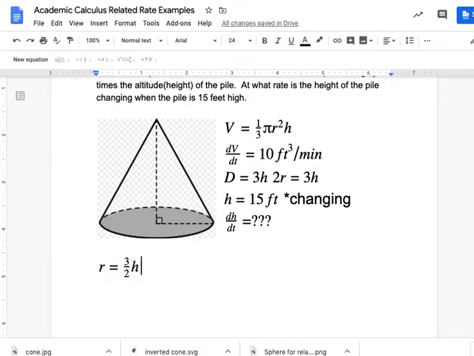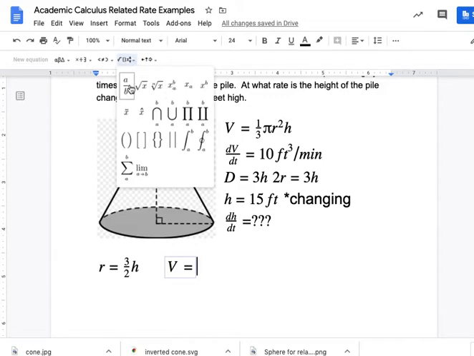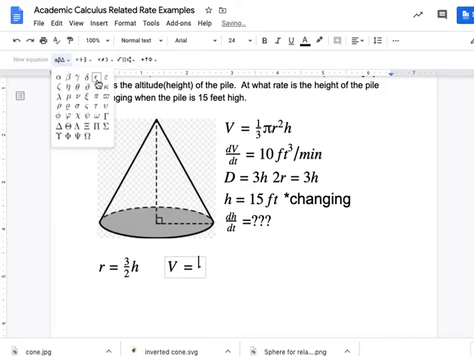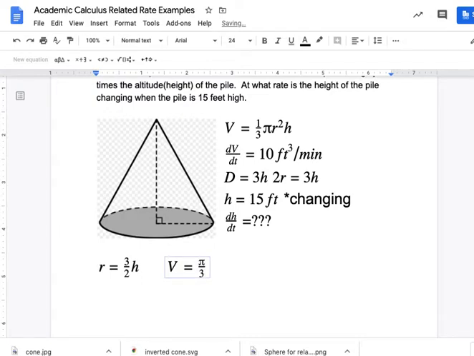Now that we know that, we can rewrite our volume equation. Volume is equal to, I'm going to write this fraction as pi over 3, then put a parenthesis in, and we're going to get rid of radius and replace it with 3 over 2h.